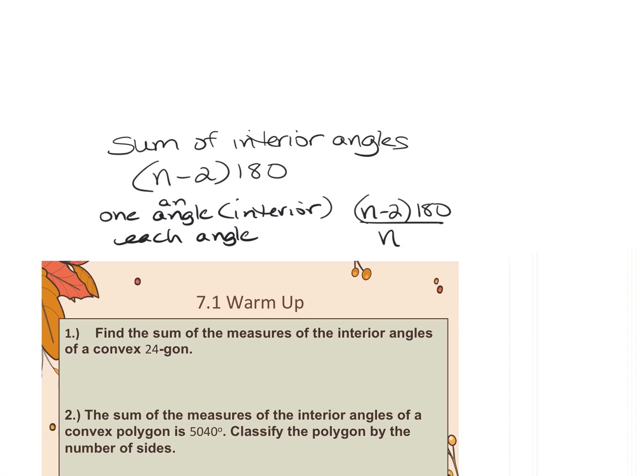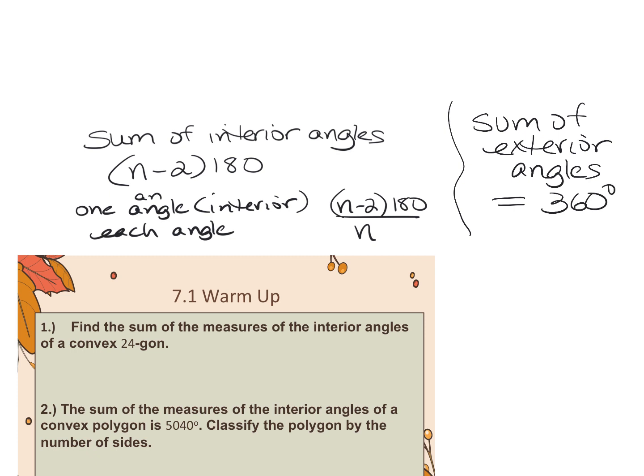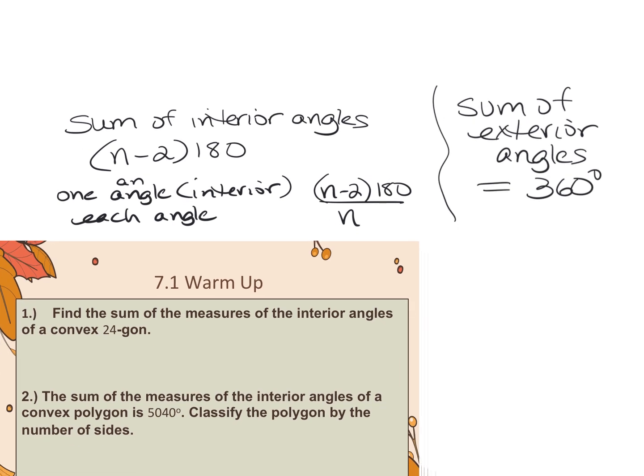The other 2 are when it asks you to find the sum of the exterior angles of a regular polygon, that is always going to equal 360. So no calculation there. But if it asks you to find each angle or each exterior angle, then you're going to take 360 and divide it by n.